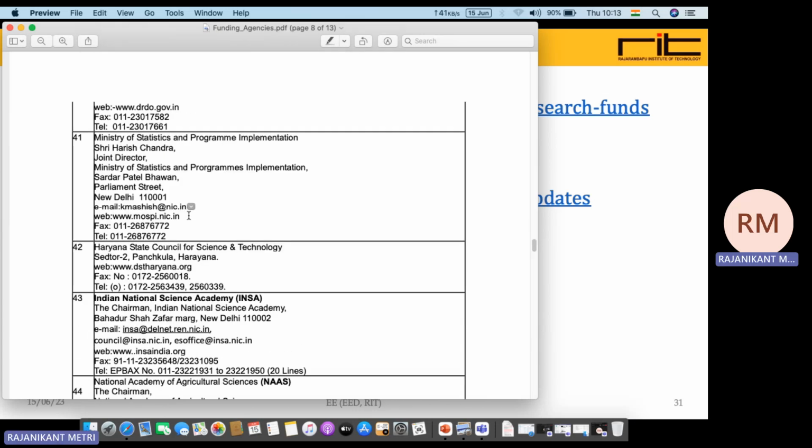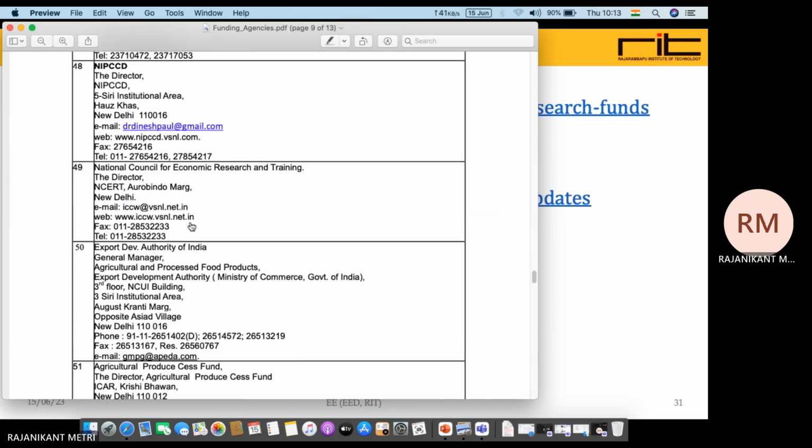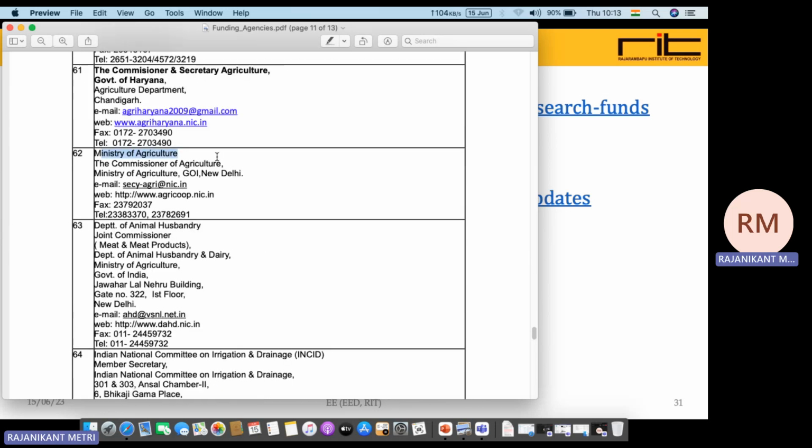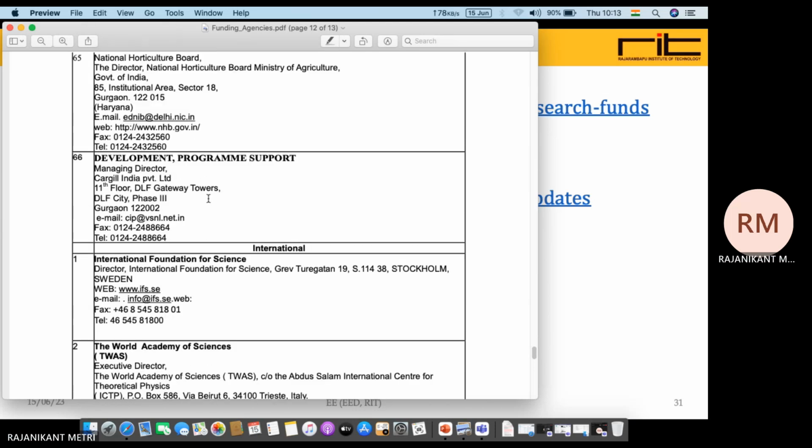In fact, more than 40. See here, with all the details, Ministry of Agriculture. So around 66 funding agencies or programs or schemes are available to write a proposal and submit it for funding.